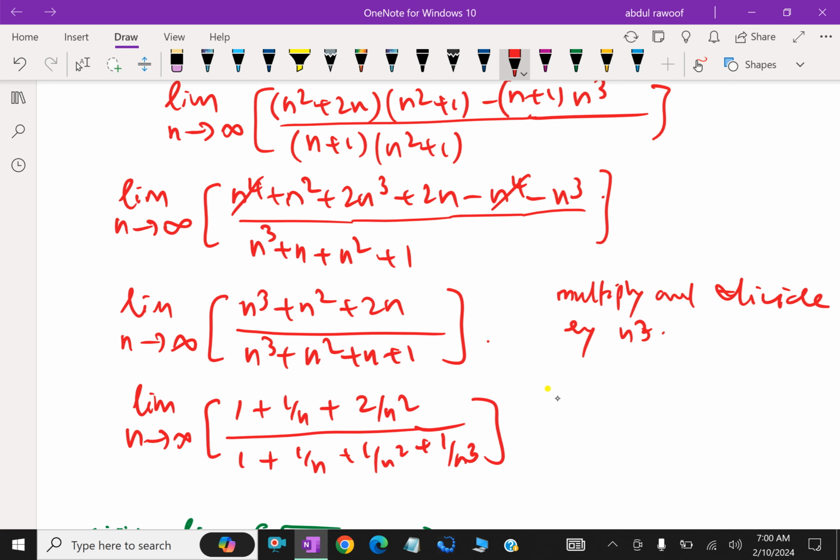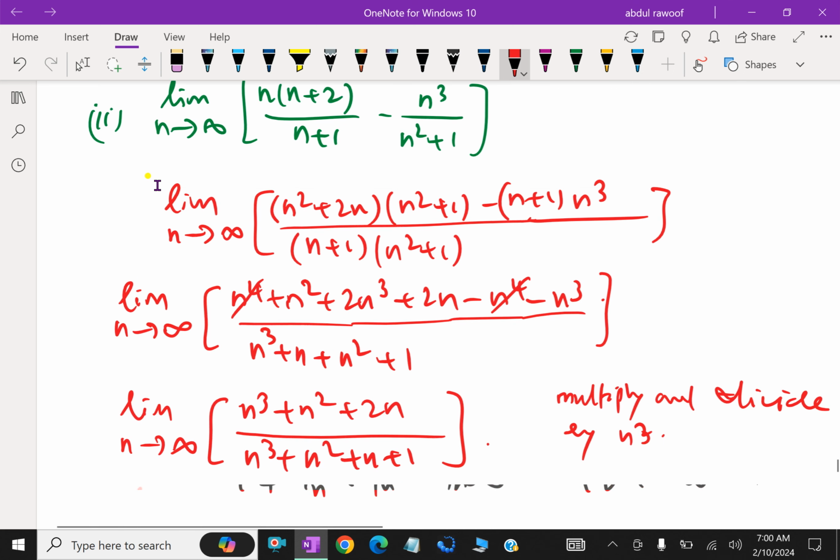Now applying the limits, 1 over n becomes 0 because 1 over infinity is 0, 2 over infinity square is also 0, here 0 everywhere. Then 1 plus 0 over 1 plus 0 plus 0 plus 0, which gives 1.